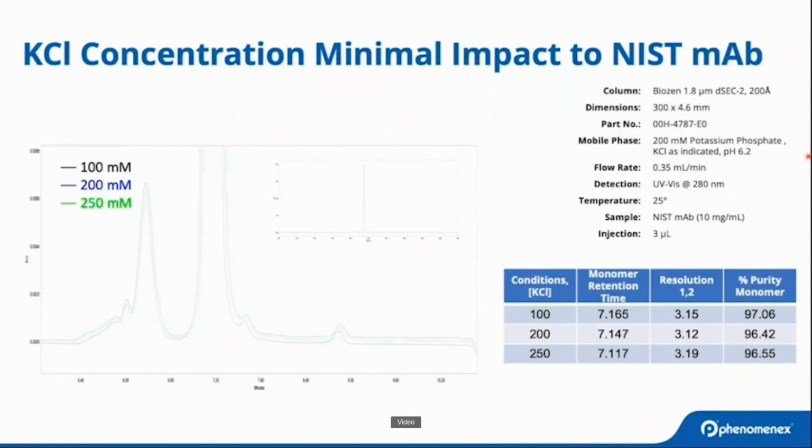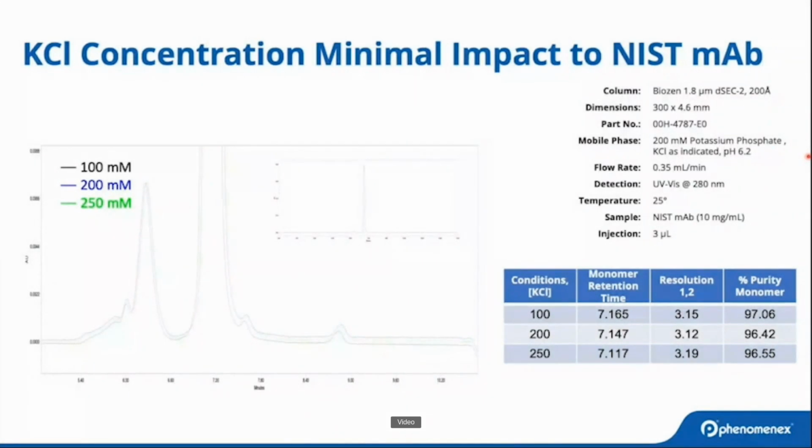So if we look at the effect of mobile phase composition and how that might impact the separation, this is actually a great way to indirectly determine how active your analyte might be on the stationary phase. So we mentioned previously that NISTmAb is hydrophobic with a high isoelectric point, so it has a propensity for secondary interactions with a less than ideal method.